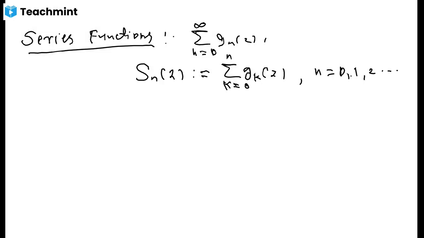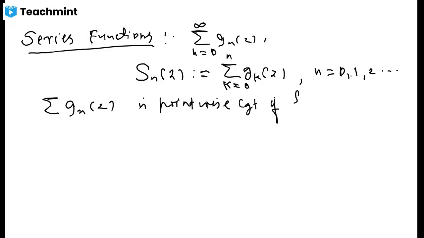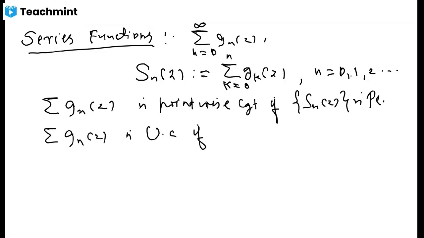And then we say that this series of g_n(z) is pointwise convergent if this sequence of partial sums is pointwise convergent. Similarly, we say that this series of functions is uniformly convergent if its sequence of partial sums is uniformly convergent.